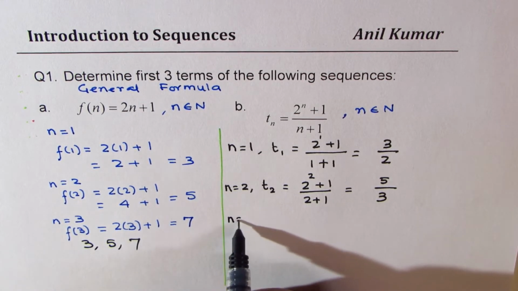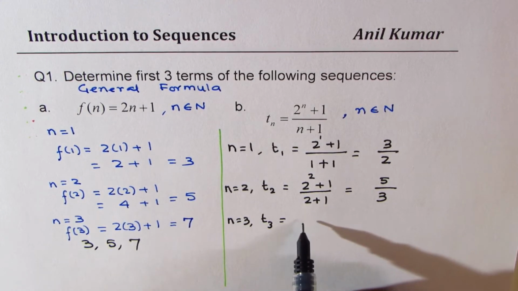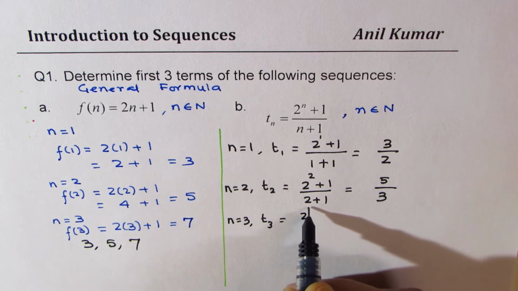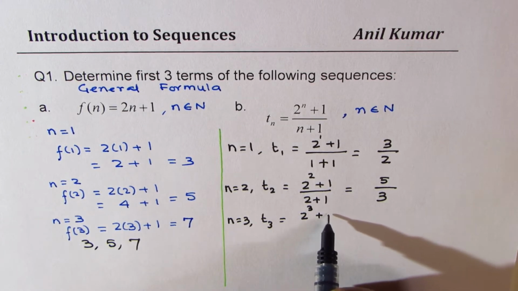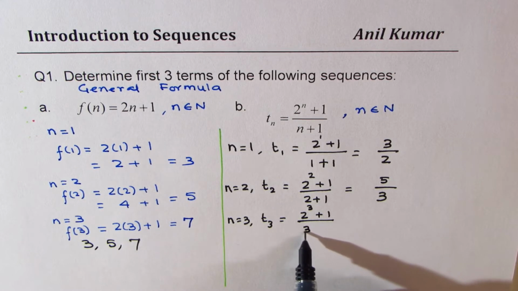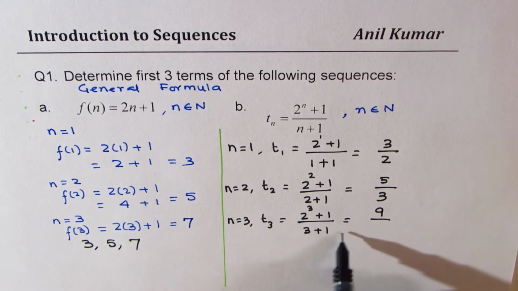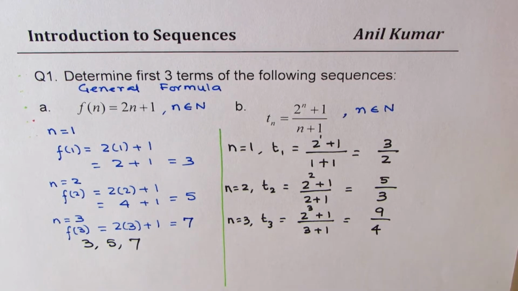Now if n = 3, then we get the third term t3, which will be (2^3 + 1)/(3 + 1). 2 cubed is 8, plus 1 is 9, and 3 + 1 is 4.